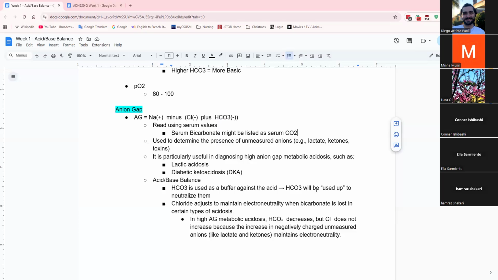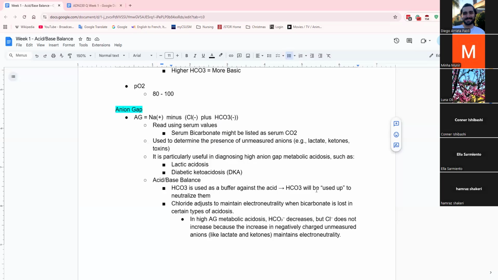So if somebody is in shock, they don't have enough blood circulating to provide oxygen throughout the body, then your body starts producing lactic acid. So someone that's in shock, or someone that is not able to properly manage their acid balance due to organ failure, will have a buildup of lactic acid.